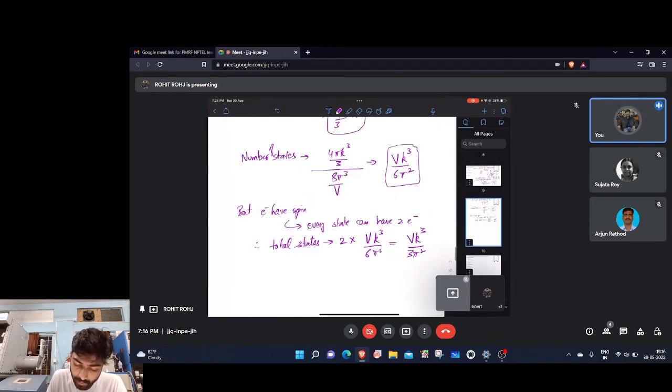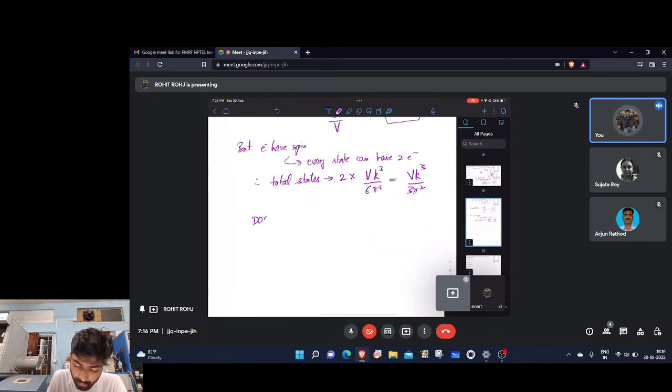Now to find the DOS, we need to differentiate the following expression with respect to energy, but we have k inside the bracket. One can easily convert energy to k as E equals h cross square k square by 2m, so 2mE by h cross square, total square root, would be k.